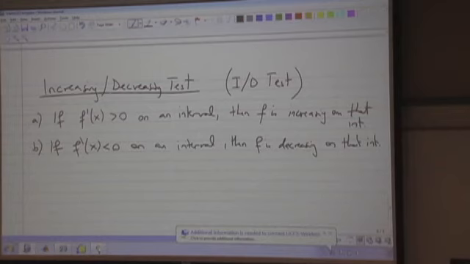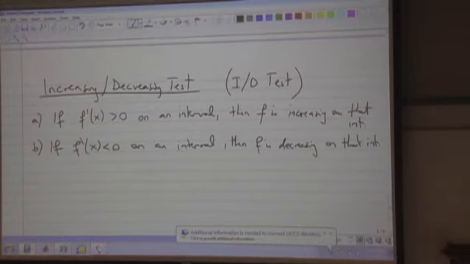However, how can we relate this particular concept with minimums and maximums? Remember we said minimums and maximums are among critical points, right? But how do we know that a certain point is in fact a minimum or maximum and it's not something else?